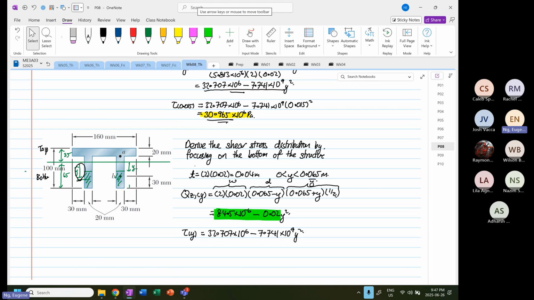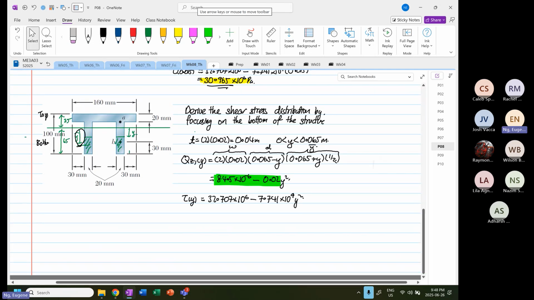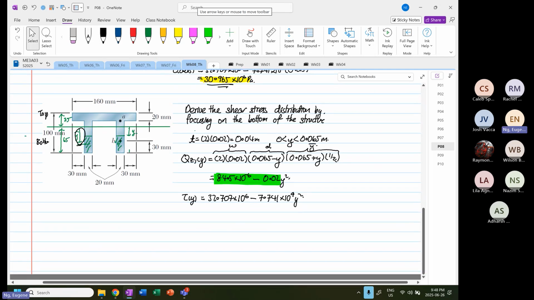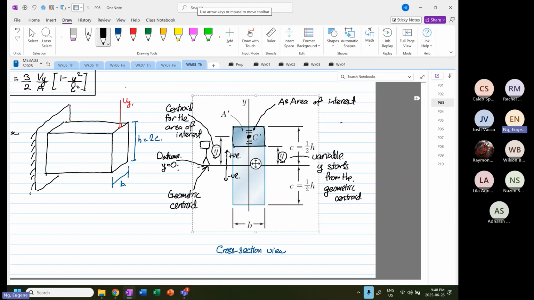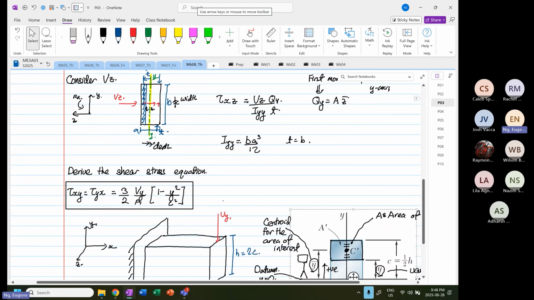remember we earlier derived an expression that the shear stress as a function of y is equal to 3 over, is it 3 over 2? I can't remember now. Yeah, 3 over 2.